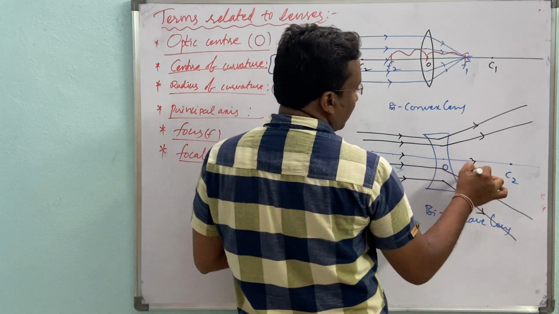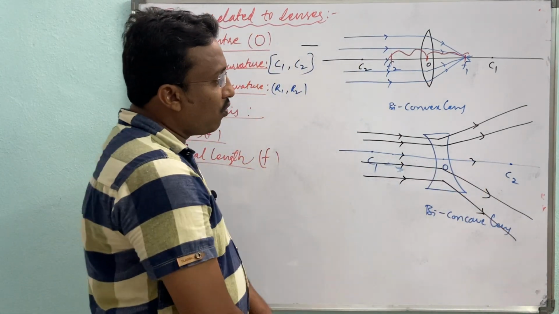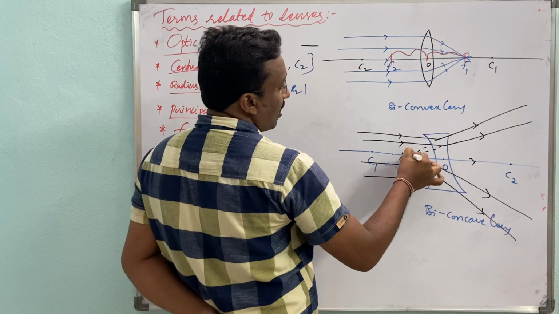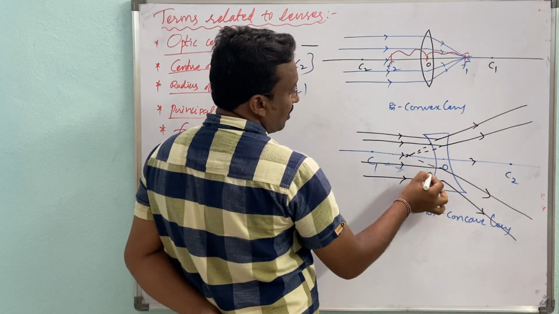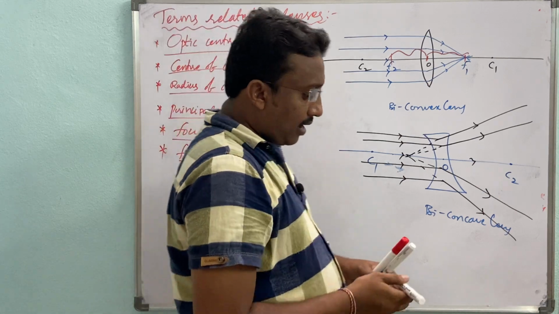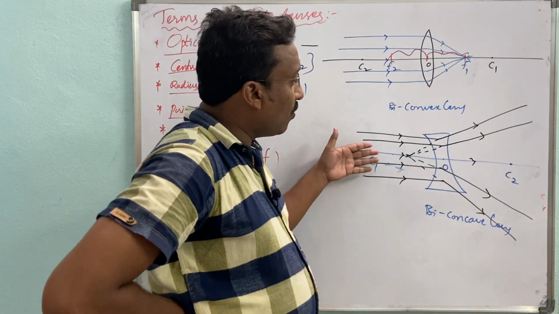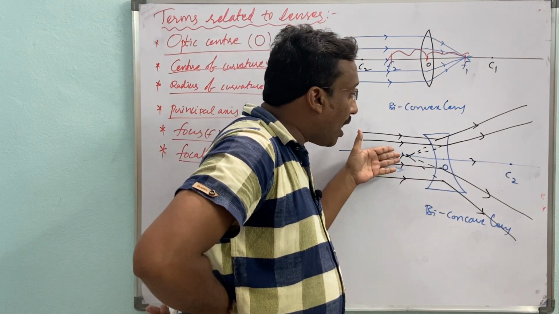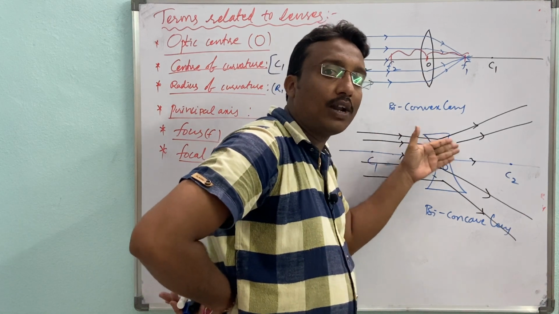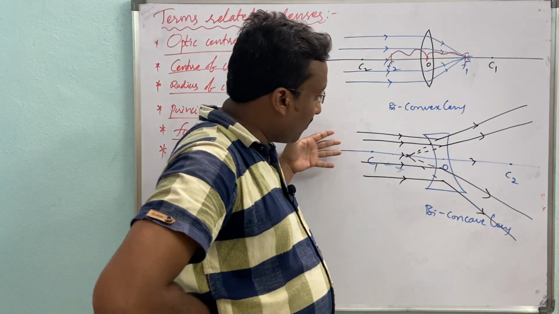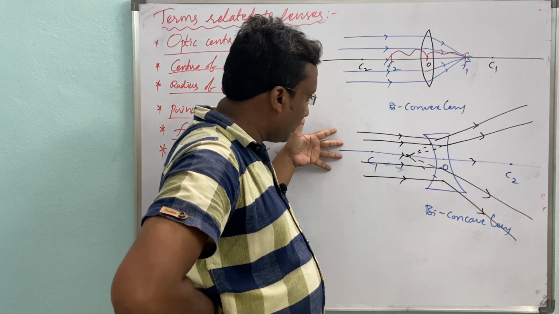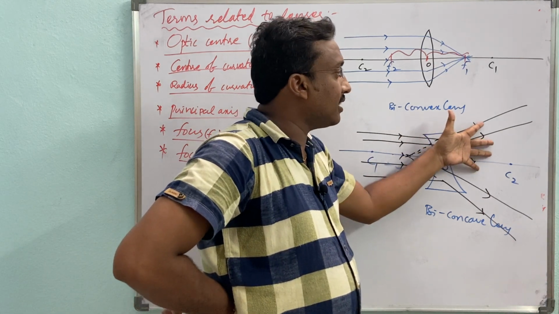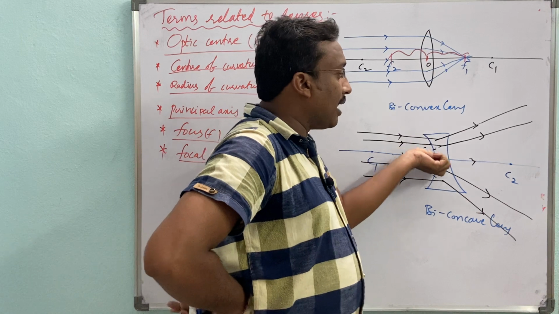In such case, how is focus found out? To find the focus, we have to extend backward. Right. When parallel beam of light falls on the concave lens, the refracted rays appear to emit from one point.